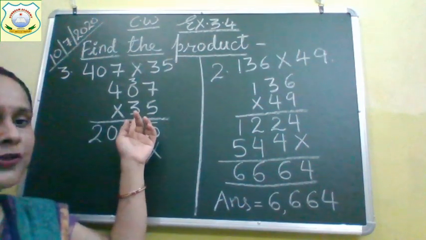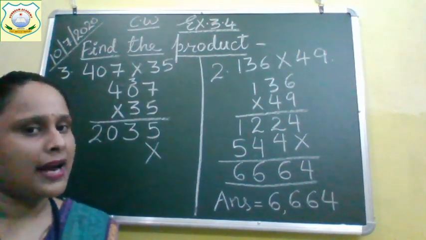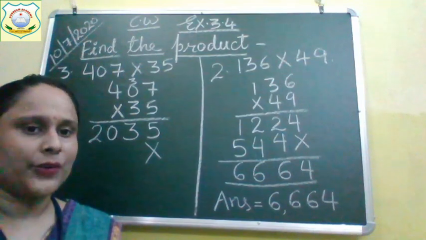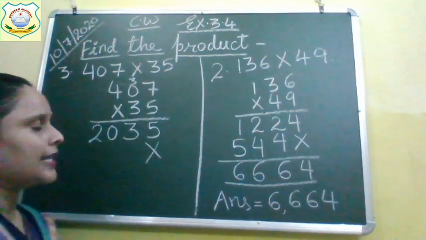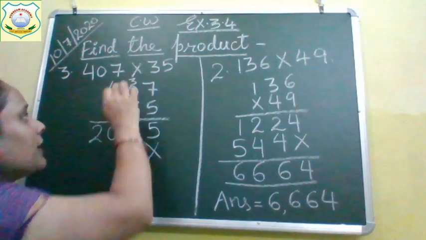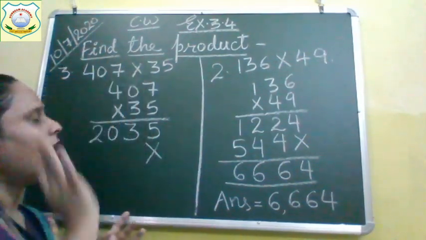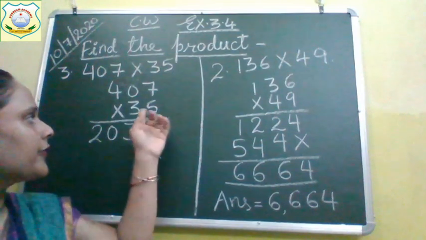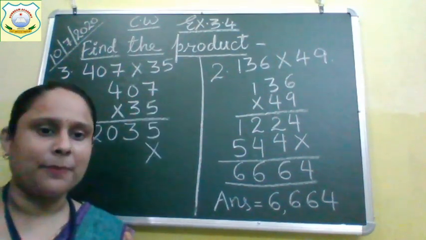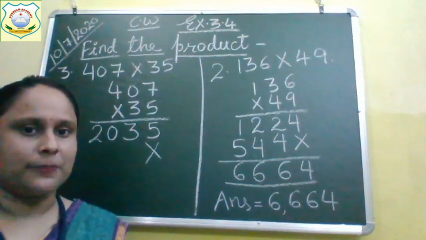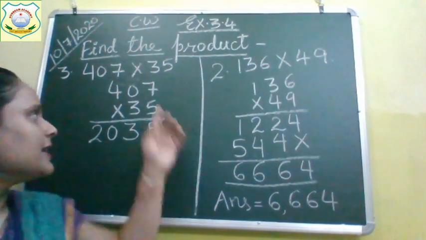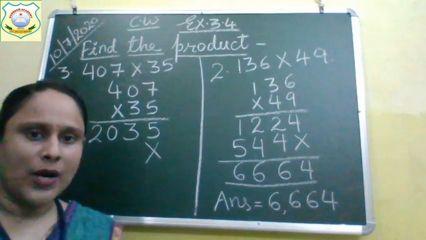And now we have to take the next number. And which is the next number? 3 is the next number. Now multiply this 3. Before multiplying 3, we will remove the carry of 5. Now we will multiply 3 to the number written in the ones place. Which number is there in the ones place, children? Yes, 7 is there in the ones place.